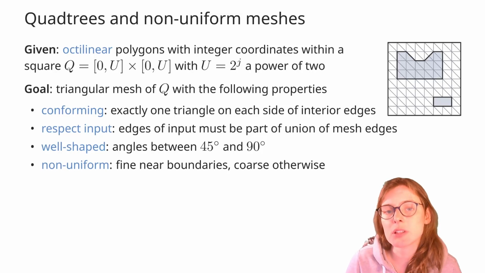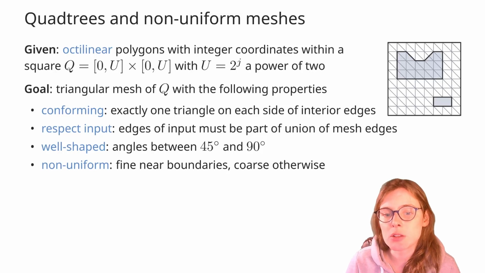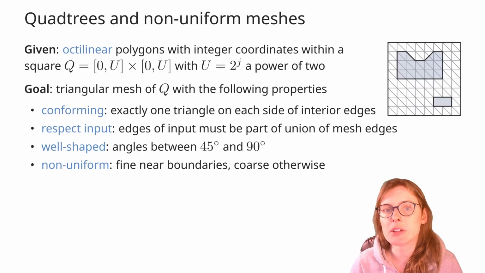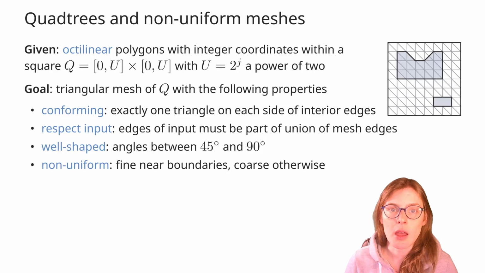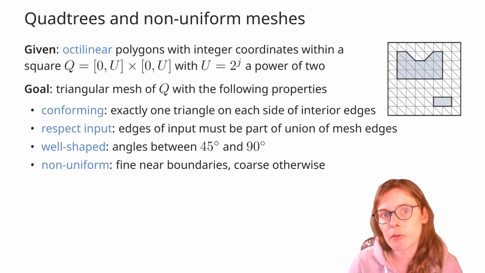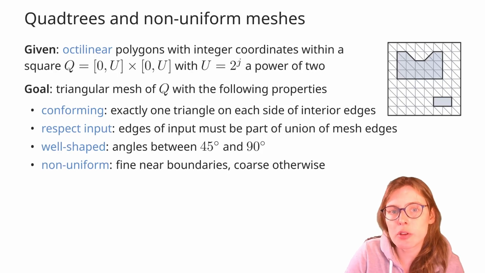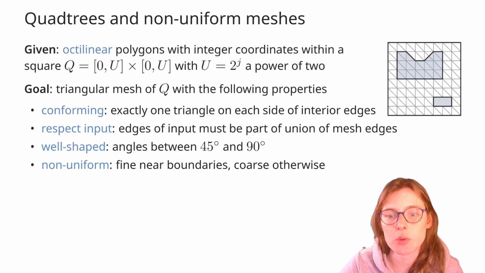The edges of these triangles do not intersect the boundaries of the input polygons. The mesh is well shaped. We want all triangles to have angles 45 degrees or 90 degrees. And the mesh is non-uniform. We want it to be more fine around the polygons and more coarse the further away from the boundaries of the polygons we get.